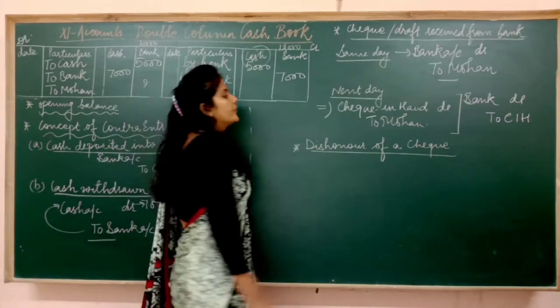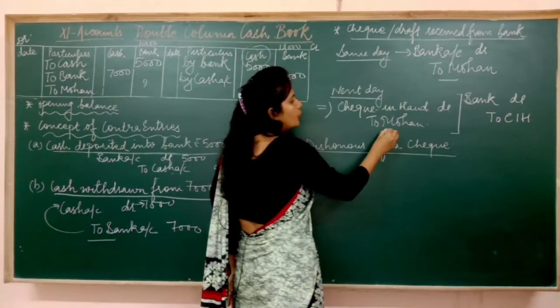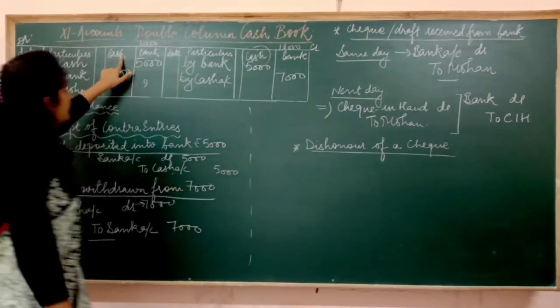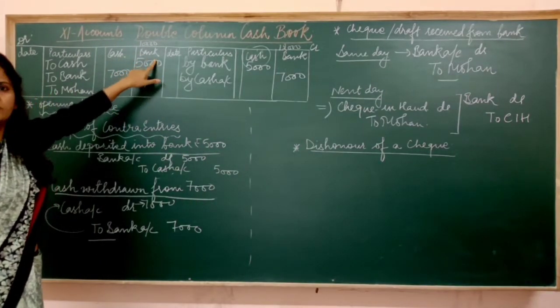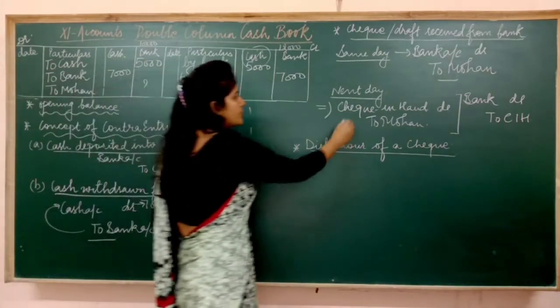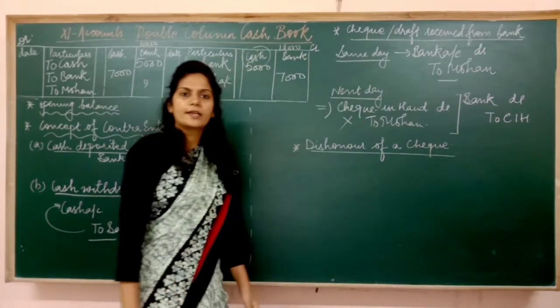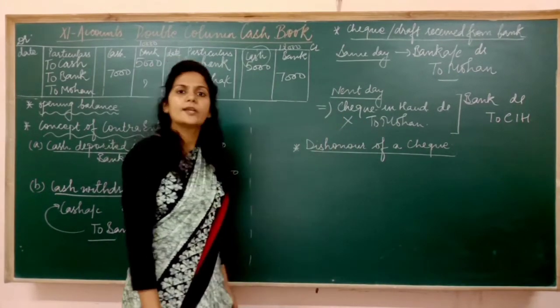Now see, the first entry is checks in hand to Mohan. Are we making checks in hand or Mohan's column here? No. It means that this entry will not be recorded in the cash book. Then where will this entry be recorded?